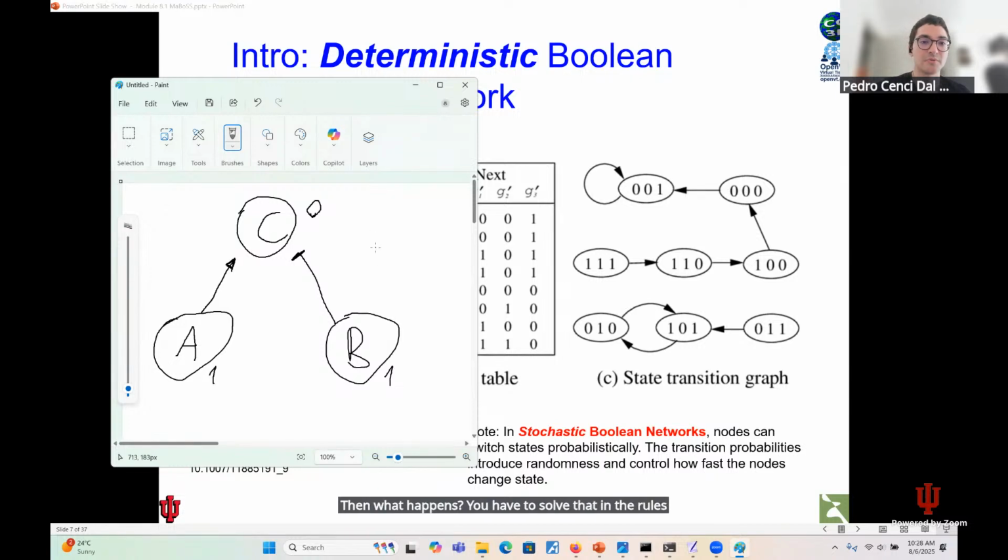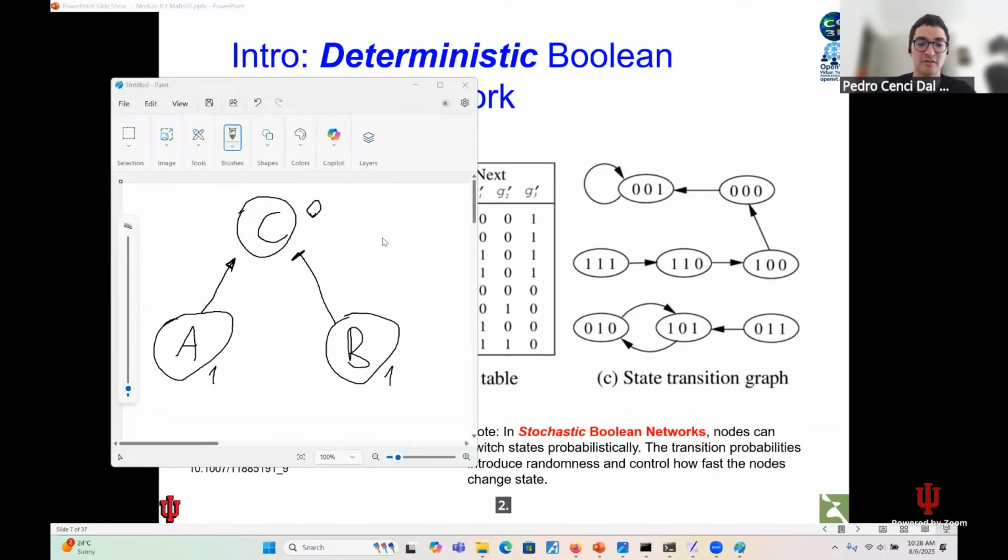So for example, if you write your rule as C becomes positive if A and not B, then if you have B, C will never go positive. So it depends on how you write the logic. Yes, you're always using ANDs and ORs. And NOTs too.